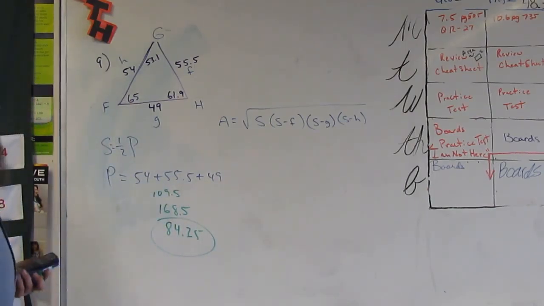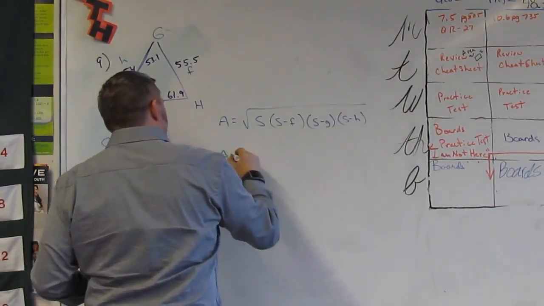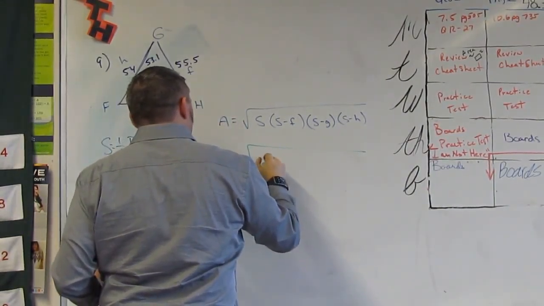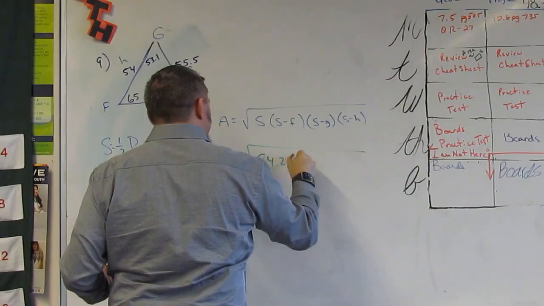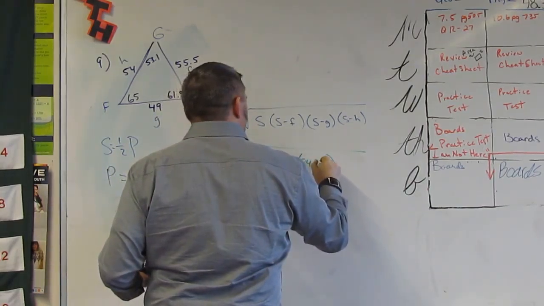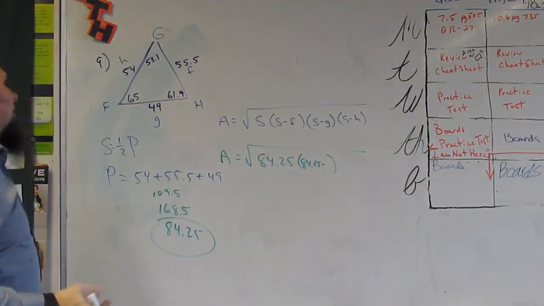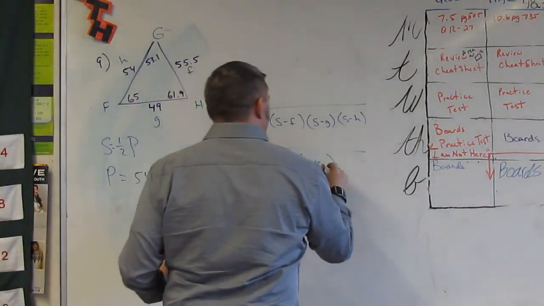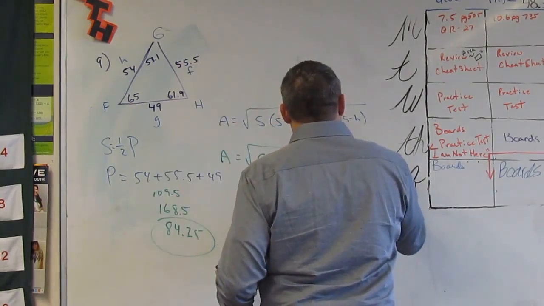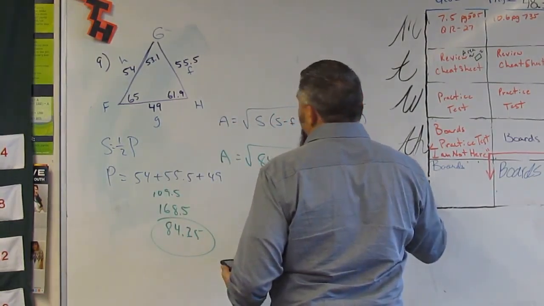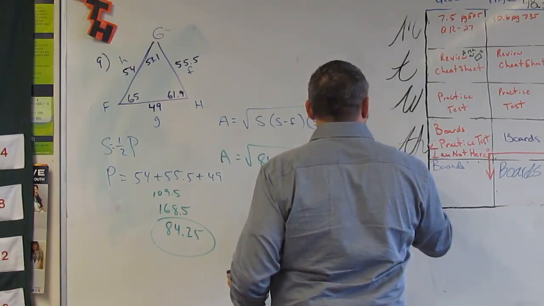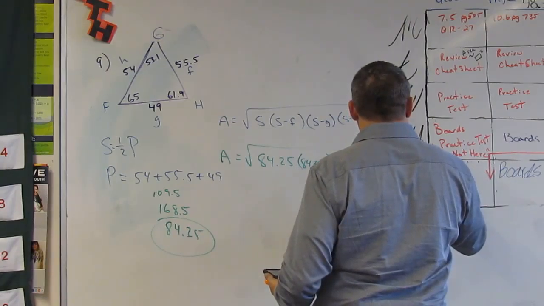Okay? So we have A is equal to the square root of 84.25 times 84.25 minus F, which is 55.5, times 84.25 minus 54, times 84.25 minus 49.